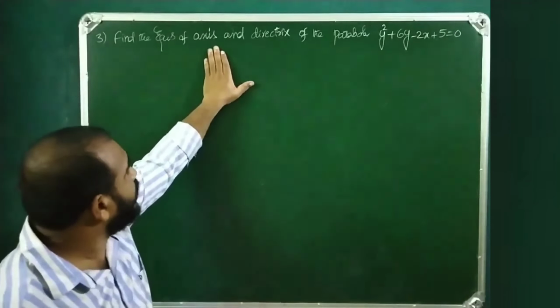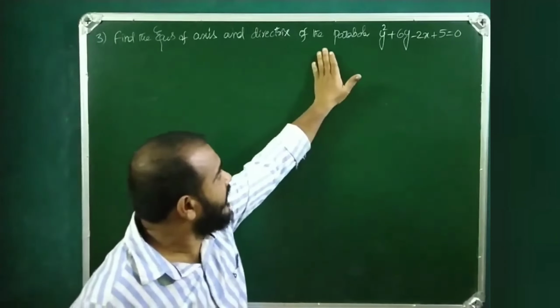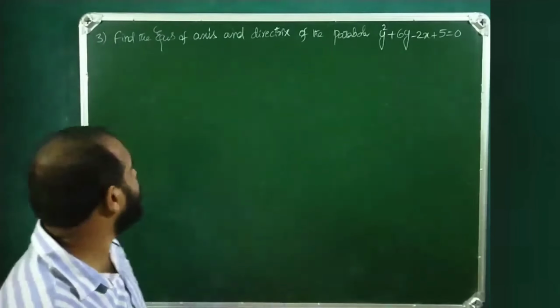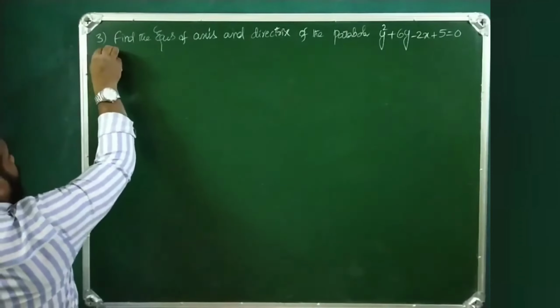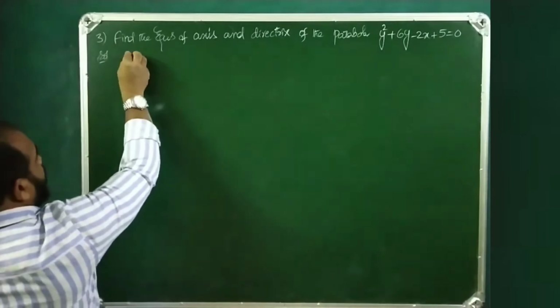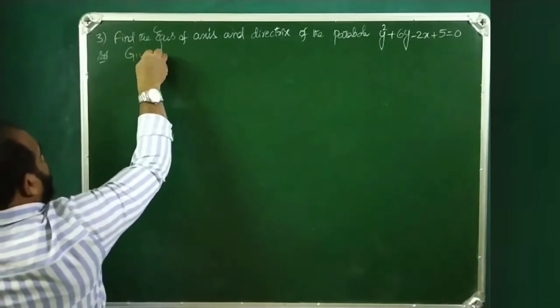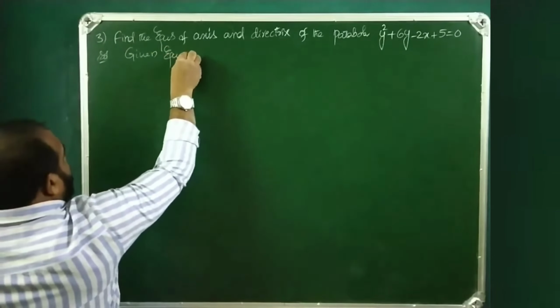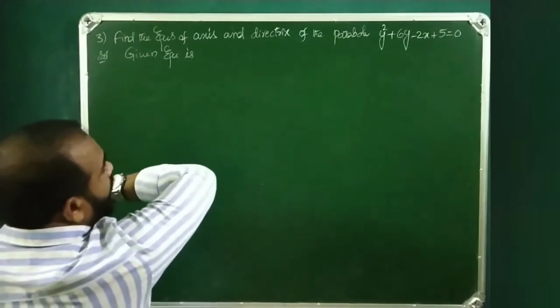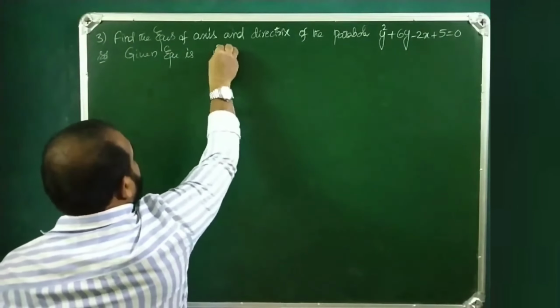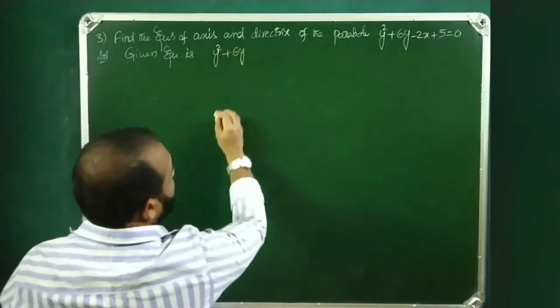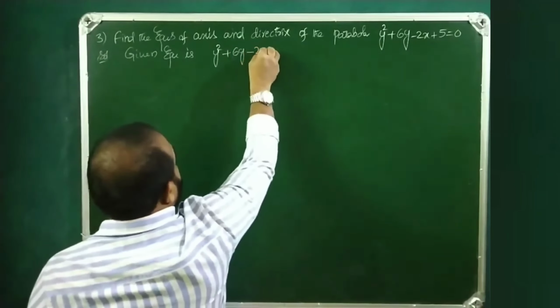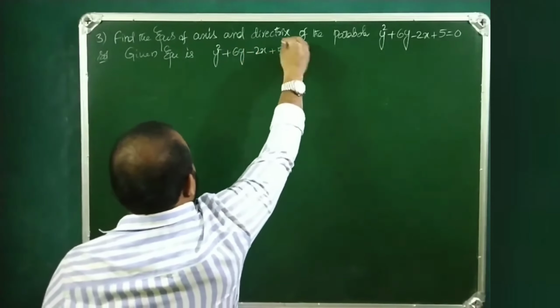Find the equations of axis and directrix of the parabola. So, the given equation is y square plus 6y minus 2x plus 5 equals 0.